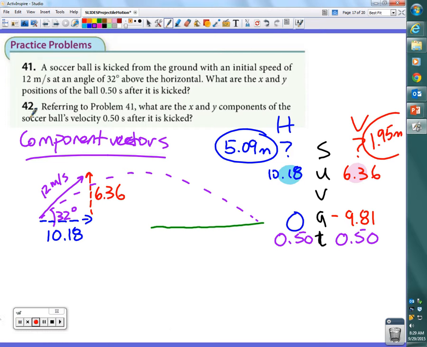Number 42 says, referring to problem number 41, what are the x and y components of the soccer ball's velocity 0.5 seconds after it is kicked? Well, kind of by process of elimination, what is this problem asking us for? Velocity, which velocity? Final velocity, right?